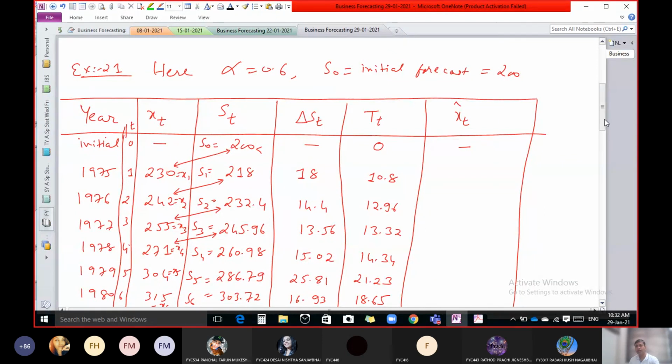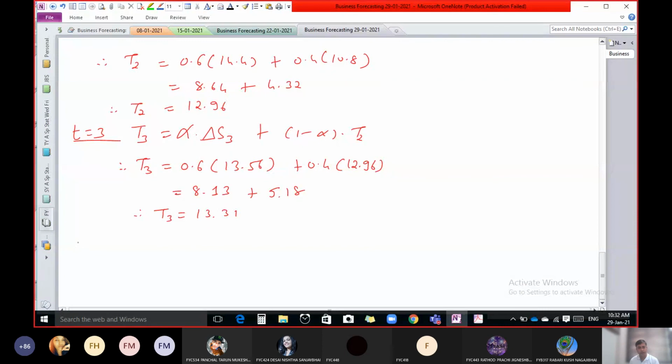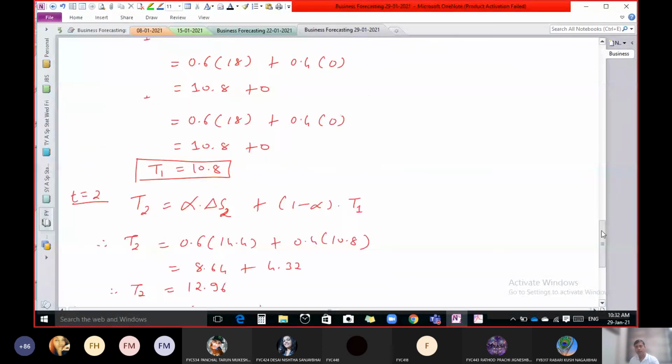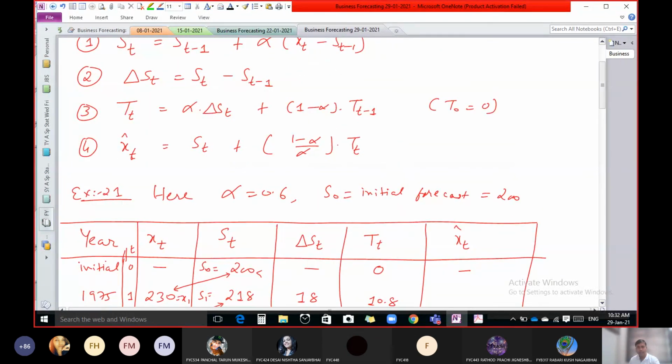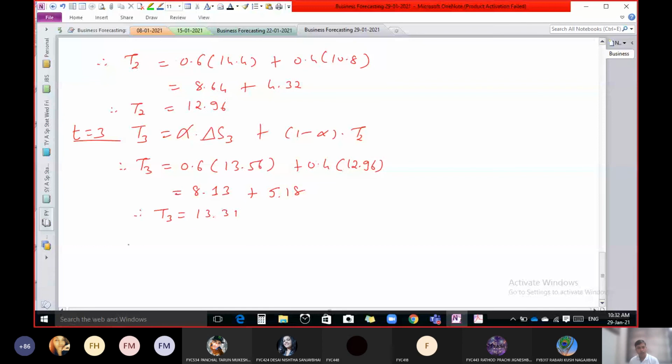So what is 1 upon alpha? 0.4 upon 0.6. That is 0.67.